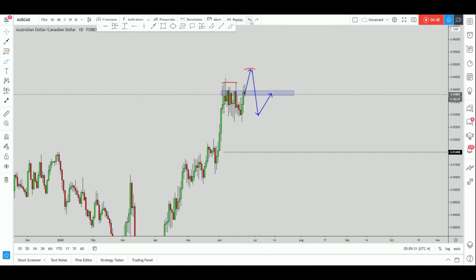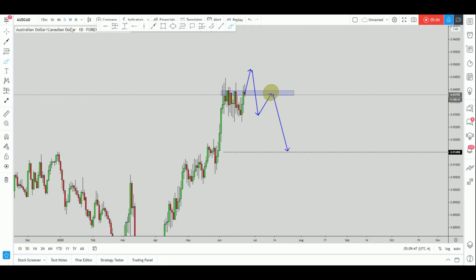Here is where the best probabilities and best risk to reward will come into place, and that is definitely where we will be monitoring price action with students on the 4-hour time frame, waiting for the market to provide to us one of our valid entries.